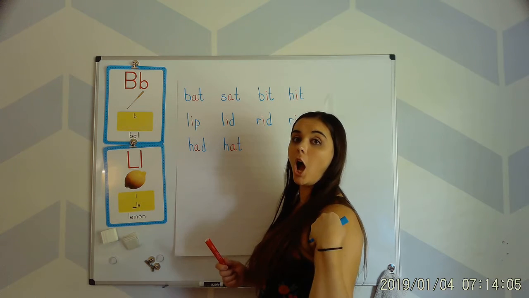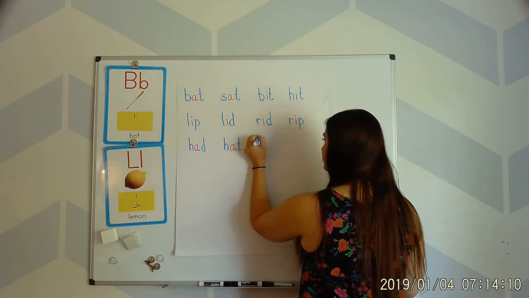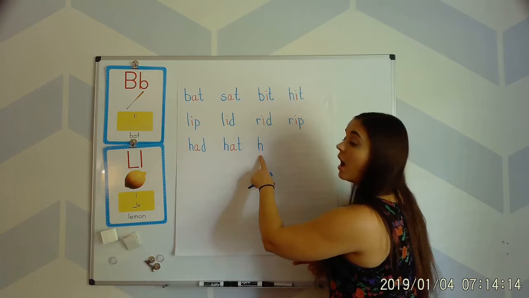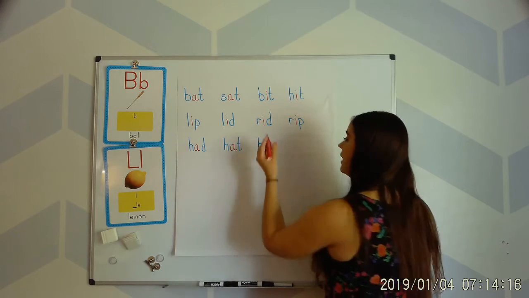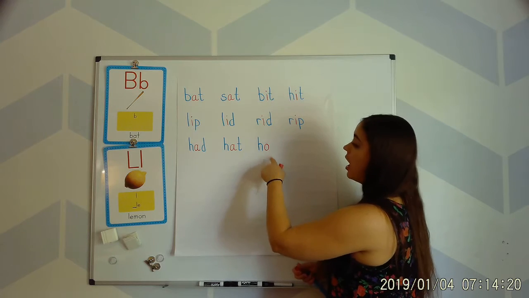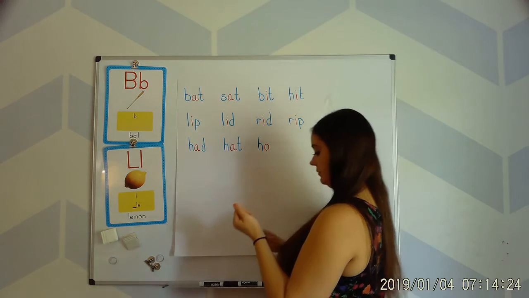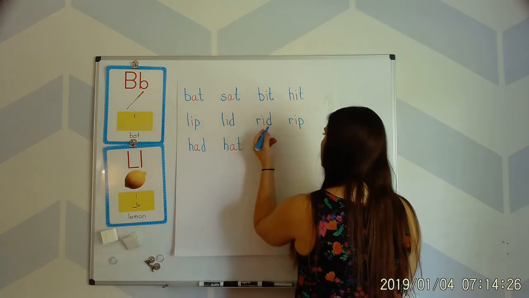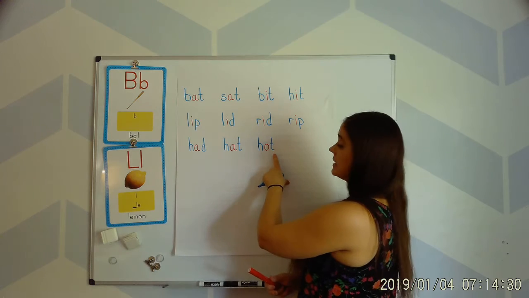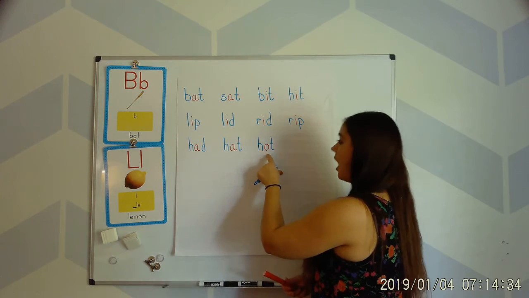H, o, t, hot. So H says h. And O says ah. Let's blend those. H, o, ho. And T says ta, h, o, ta, hot.